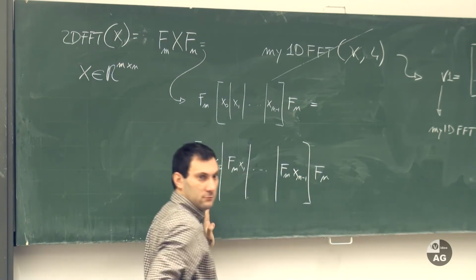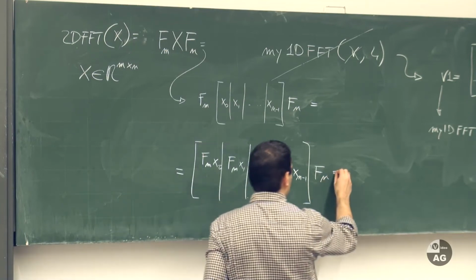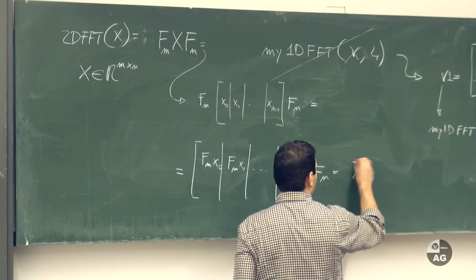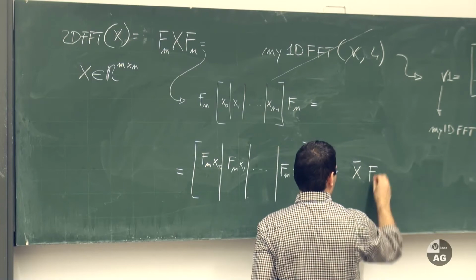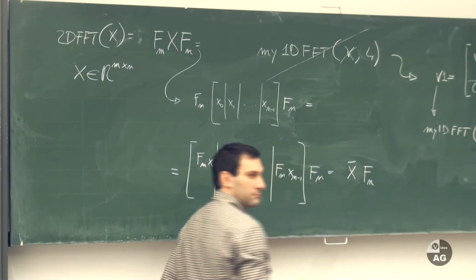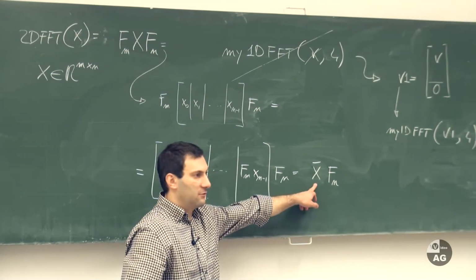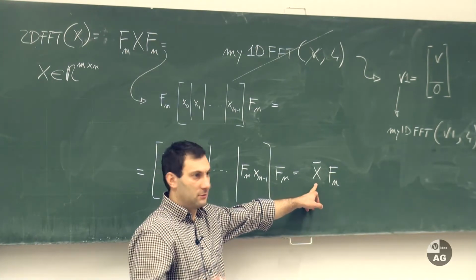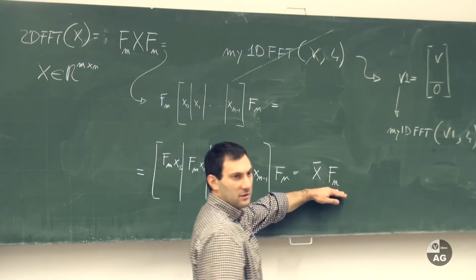That's here. So we get to an object that is, say, X bar Fn. I have computed the 1D Fourier transform of each column individually, and now I am at this stage.